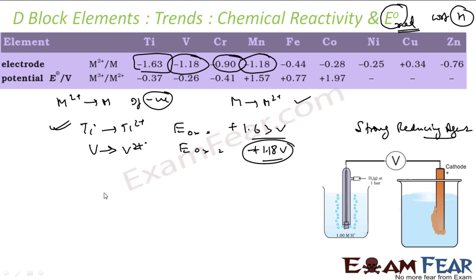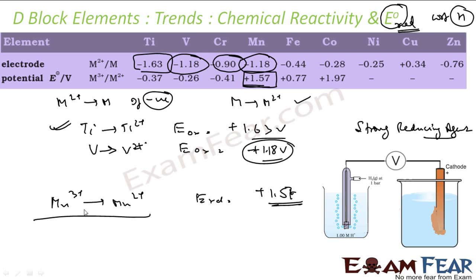Okay. Now if we talk about oxidizing agents, let's see these values. Okay, Mn3+ to Mn2+. This E reduction is a positive value, it is plus 1.57. Since it is plus 1.57, that means this reaction is feasible. That means manganese has a tendency to reduce itself.